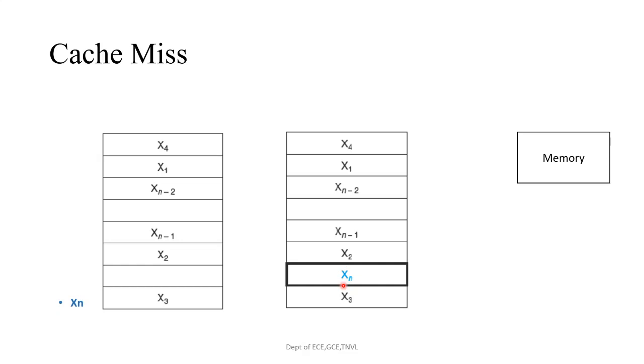But after the request, the xn word is fetched from the memory and placed in the cache. This is the cache before the request and after the request. Because the block xn is not in the cache at the time of the request, this is called a cache miss.